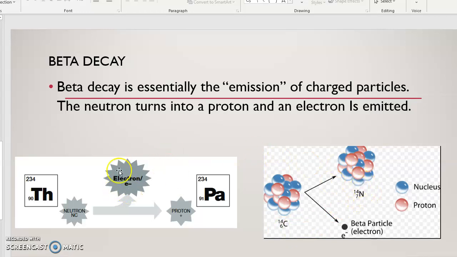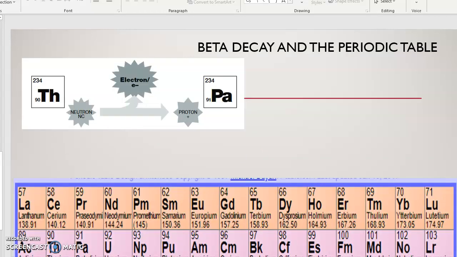So be comfortable with this idea. You can use the periodic table of elements the same way, understanding that your protons are here at 90, which puts us here. Well, if you go through beta decay, one of your neutrons turns into a proton, boom, and that means our atomic number is changing and we become a new isotope.